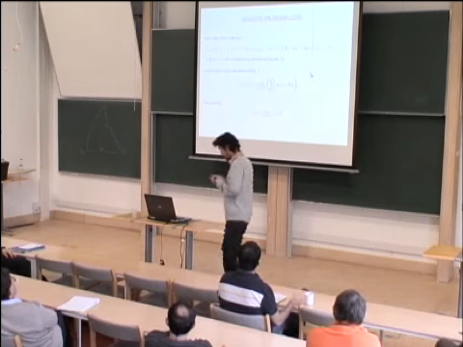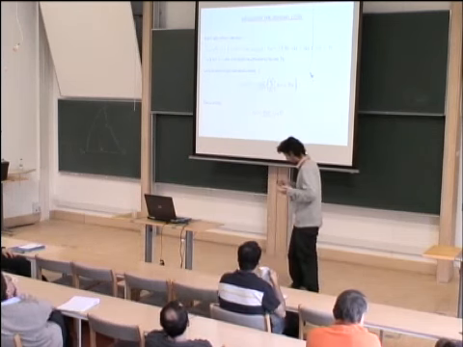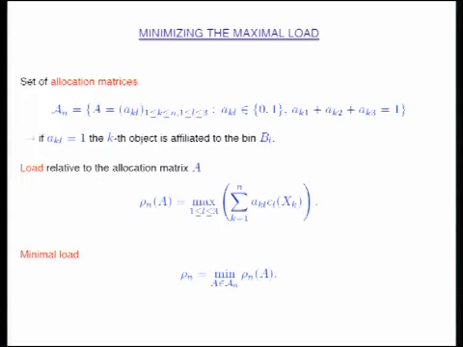Then you want to allocate your points effectively to the bins, and you can encode this into a matrix such that the term of the matrix will be 0 or 1 depending on whether or not point K is allocated to bin L, and they sum up to 1.